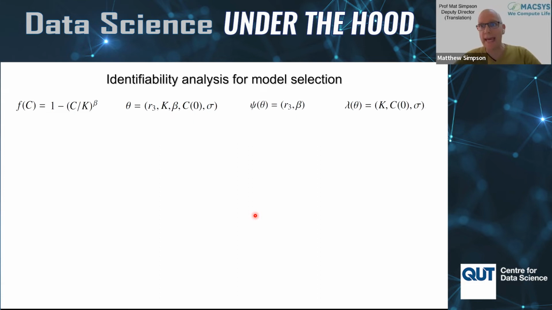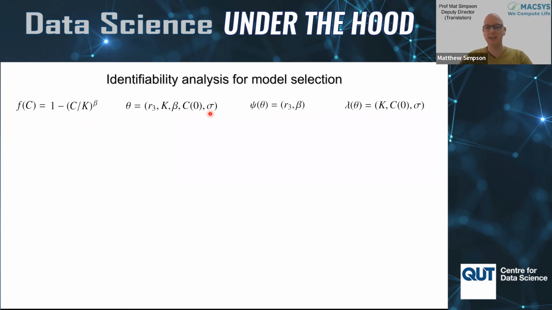So I'm going to go back and have a little bit more of a think about the Richards model. The Richards model is the most complicated model that we considered. The crowding function here has this pesky exponent that we need to estimate. The full parameter vector involves a growth rate, a carrying capacity, this exponent, an initial density, and the standard deviation in the noise model.